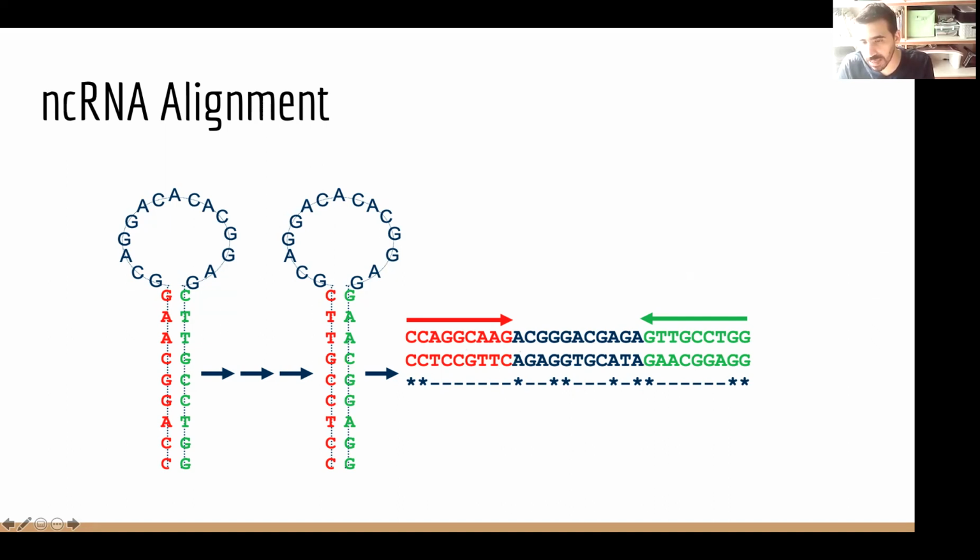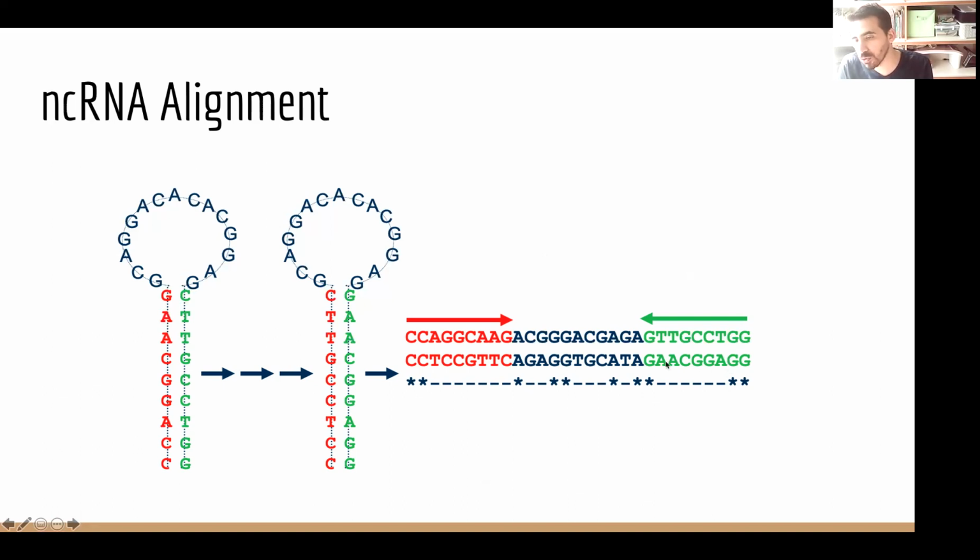Normally, you wouldn't align these two reds with each other because they look weird, right? They don't look alignable. For A's, you have T, for C's, you have G. However, in the context of secondary structure prediction, basically this part and this part actually perfectly form secondary structure. And if you know that, you can align these red parts with each other.